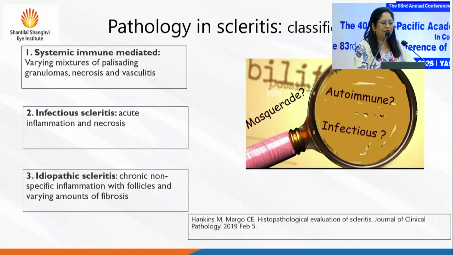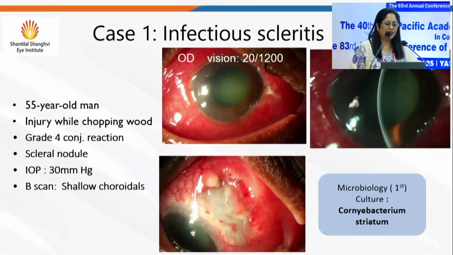In infection, you're going to see obviously a lot of acute inflammation and devastating necrosis in the tissues. In idiopathic immune-mediated scleritis, you will more likely see chronic non-specific inflammation with follicles and various amounts of fibrosis, because it's a very chronic condition. So that is what you're likely to see in the pathology of scleritis.